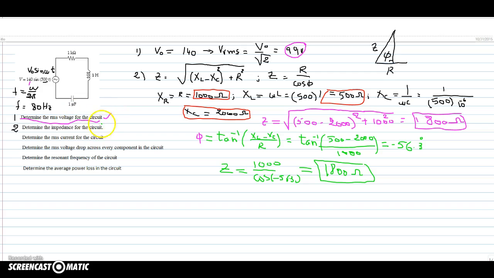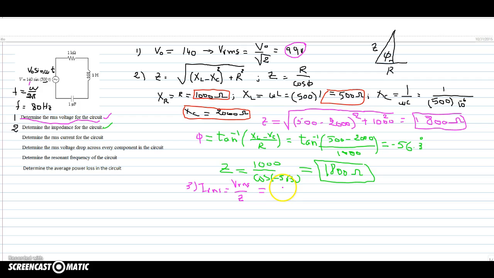So let's answer this question here. Let's change the color now. Determine the RMS current. The I RMS value is just the RMS voltage, of course the total, divided by the total impedance, which is Z. Now we have everything.